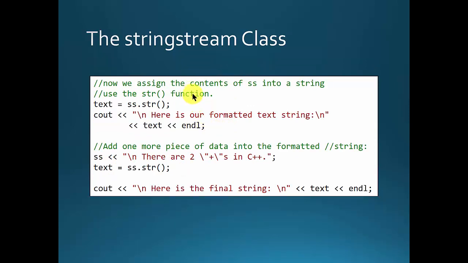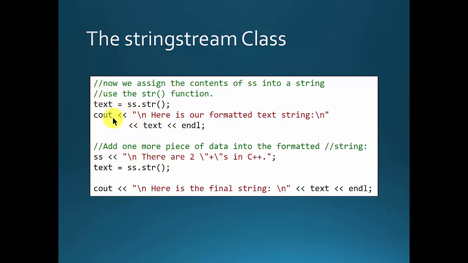When you're finished writing what you want to the stringstream object, you can then use the str function of the stringstream object to take whatever was streamed into it and turn it into a string. And then if you output it, you'll see what's in the string.